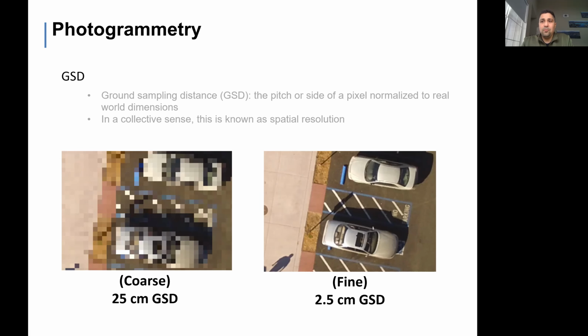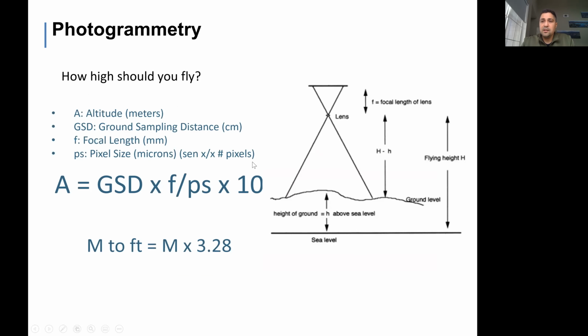Now, what does this all mean? Well, I'm talking about detail here. So remember before I said, how high are you going to fly? From a holistic approach, kind of question and answer here, what's the purpose?